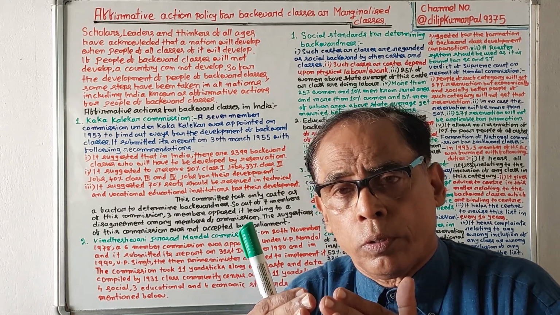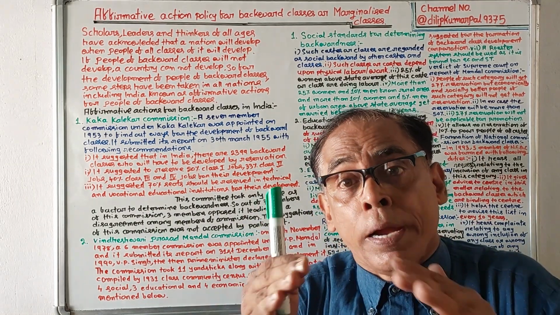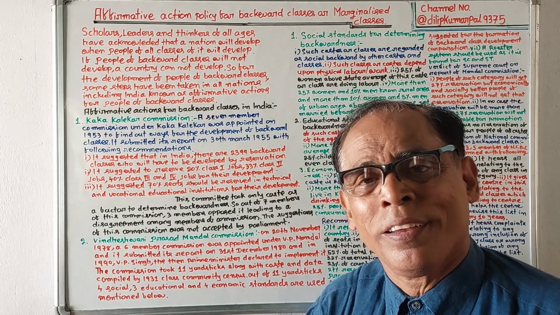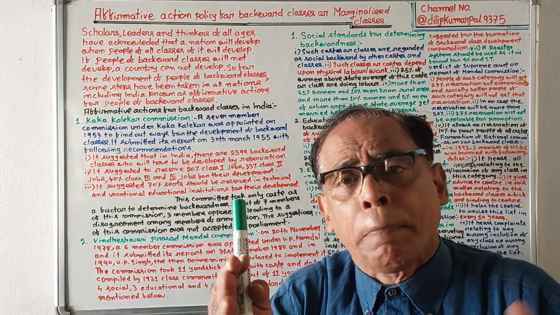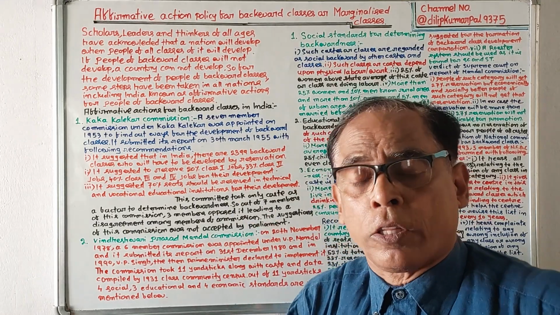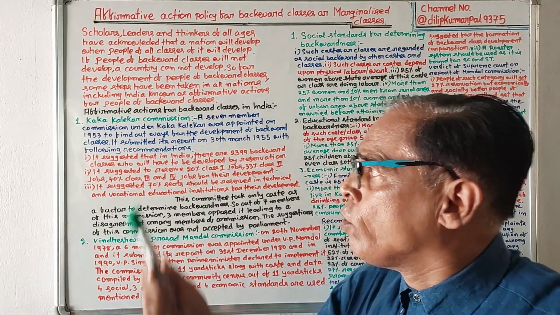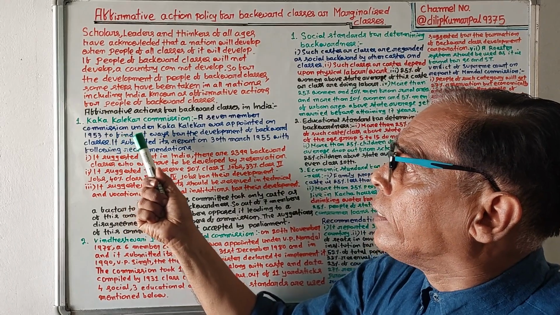So there was a disagreement among the members, and the suggestions of this commission were not accepted by Parliament. So the first step for the development of the people of the backward class was the Kaka Kalelkar Commission.